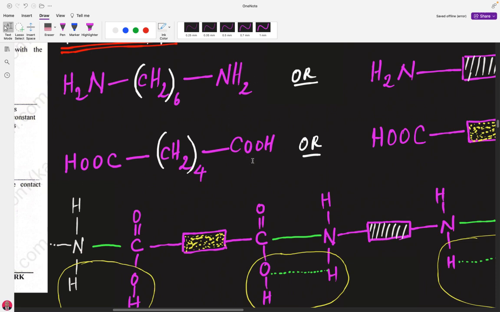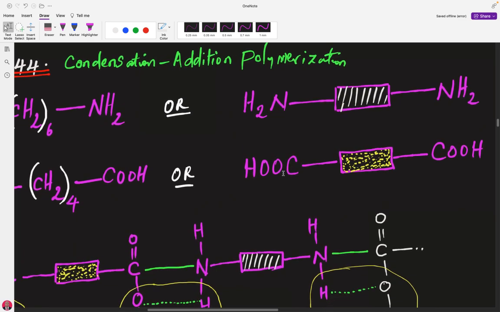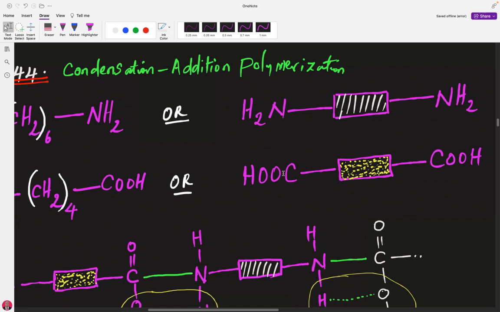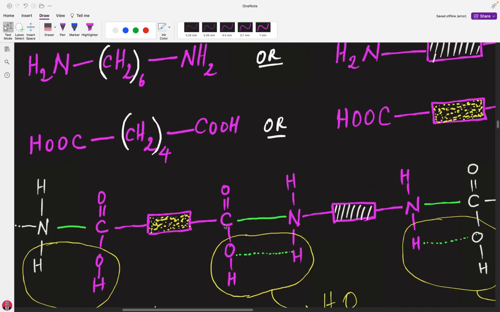This other one will interact. A molecule of water is what? It is H2O, 2 hydrogen and 1 oxygen, and it will be released, and a new bond is formed. So if I represent this in this form, you will find that here, this is the hexane 1,6-dioic acid.